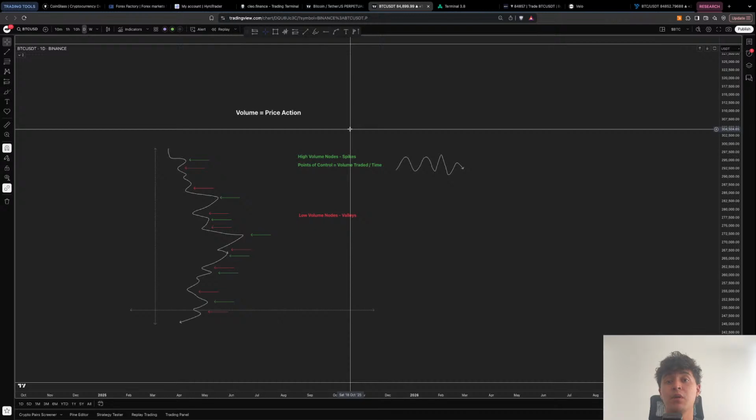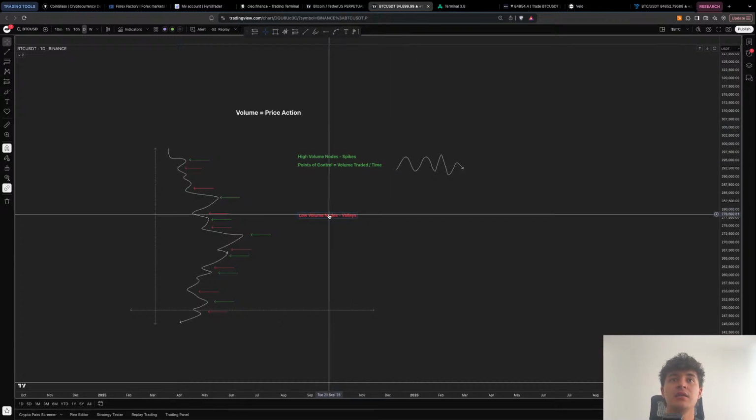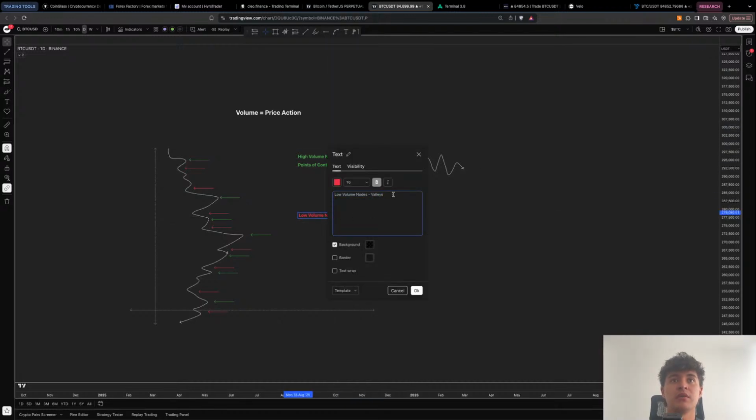Because there's enough volume to keep price trading inside the fair value. And the low volume nodes are directly correlated with either liquidity gaps or reversal candles, which I also call order flow candles.